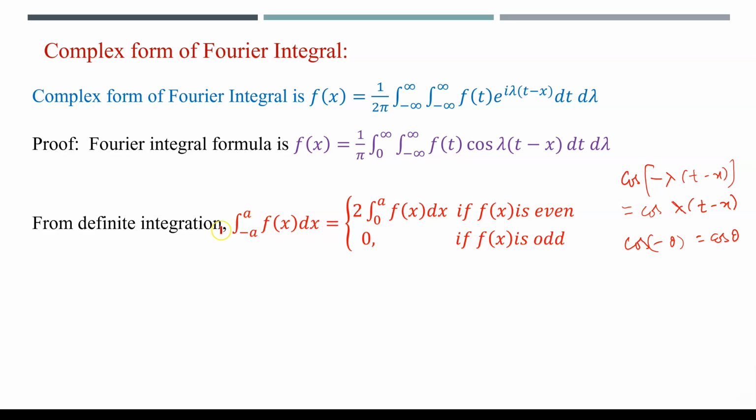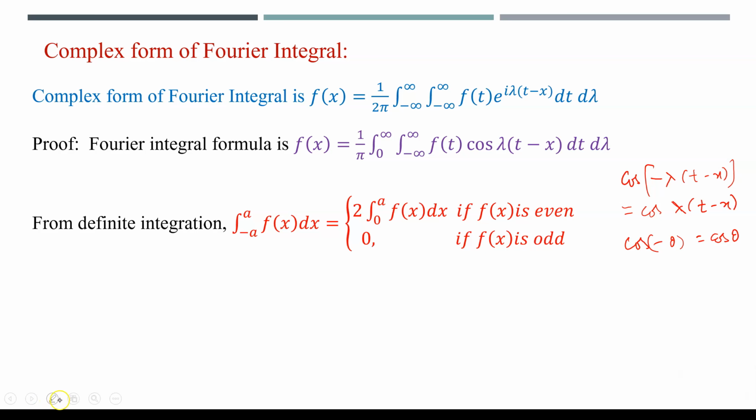That formula is: integral minus a to a f(x) dx equals 2 times integral 0 to a f(x) dx if the function is even, and this integral is 0 if the function is odd. We use this formula in deriving the complex form of Fourier integral.